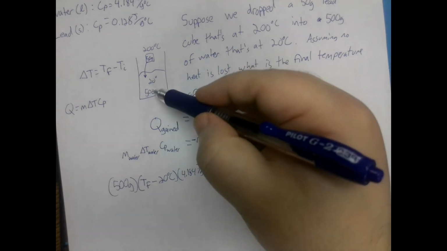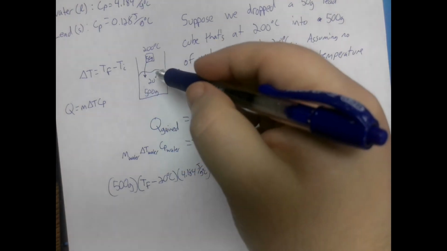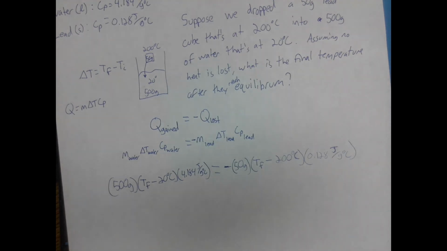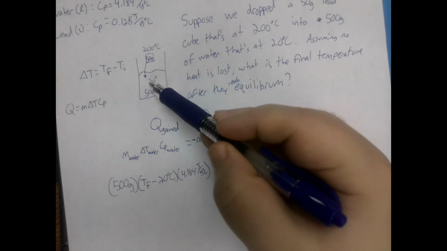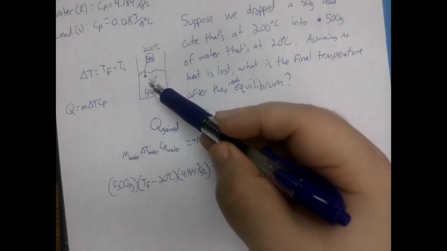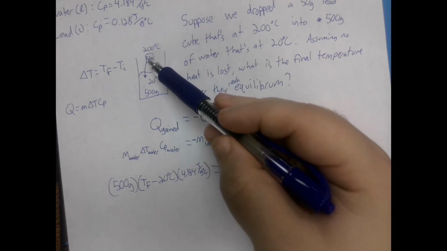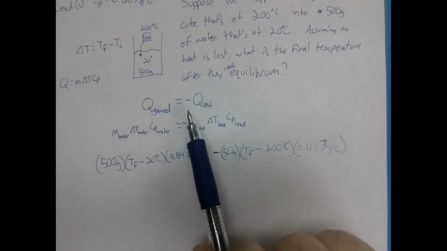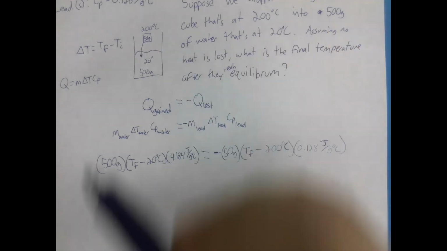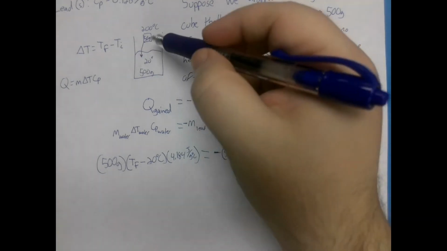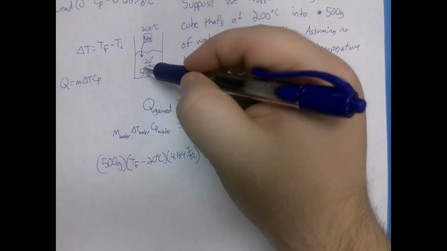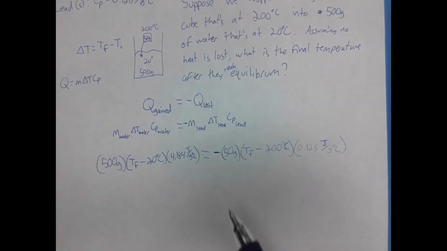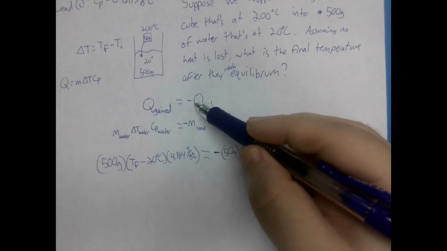So if you drop that into some water, the water is going to heat up, and the cube is going to cool off, right? So it tells us that the amount of heat the water gains is going to be equal to the amount of heat that the cube lost. This negative sign comes from the fact that they're in opposite directions. Heat is being lost here while heat is being gained here, and heat lost is a negative.